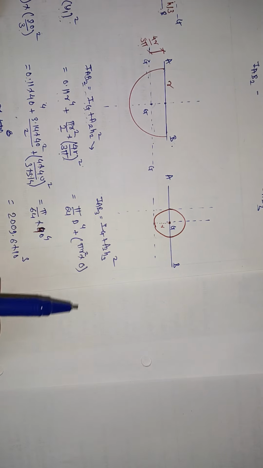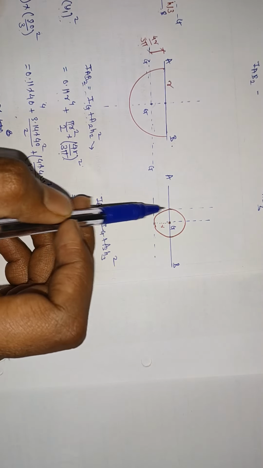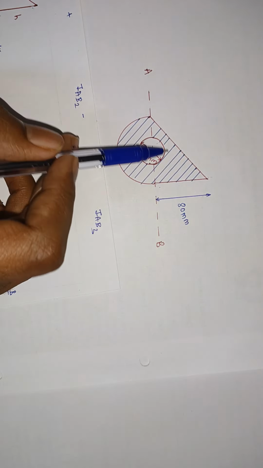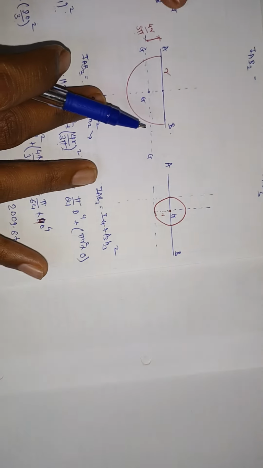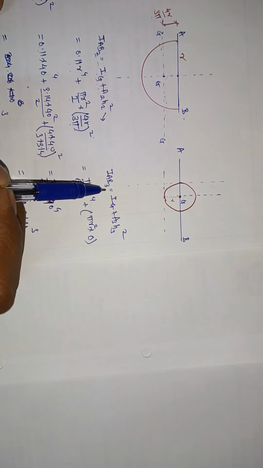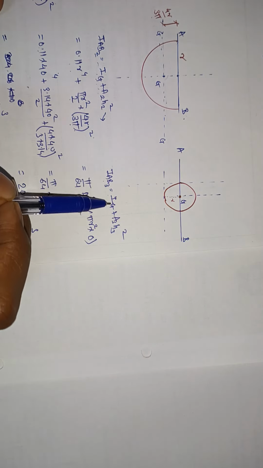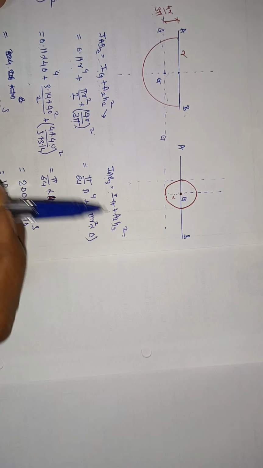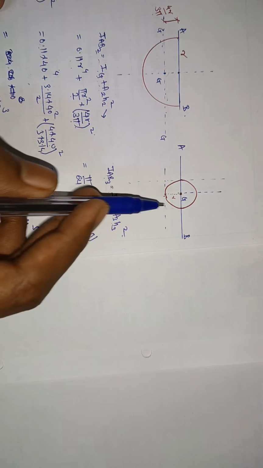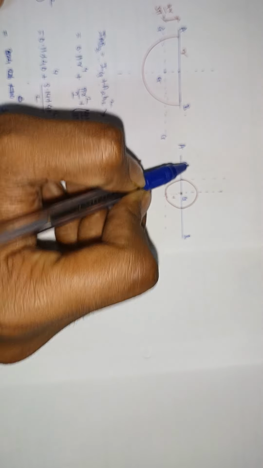Now last is the moment of inertia of the circle. This circle has diameter 40. So again use the parallel axis theorem. IAB3, this is my third figure, is equal to IG plus A3H3 square. IG means the moment of inertia about the centroidal axis. In this case my centroidal axis is this.